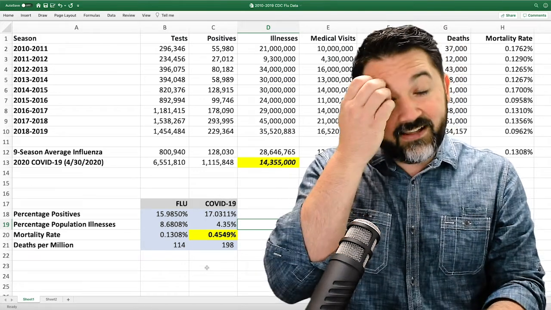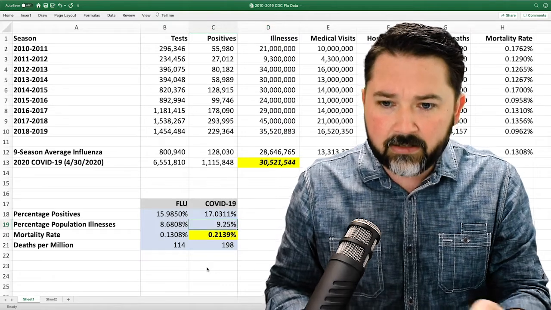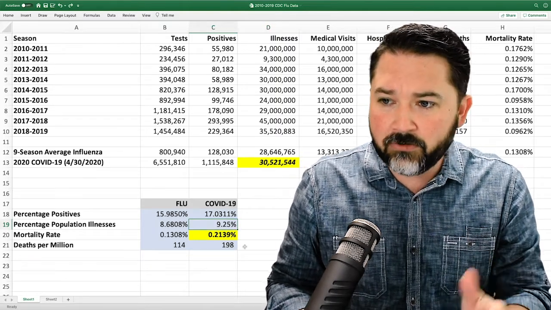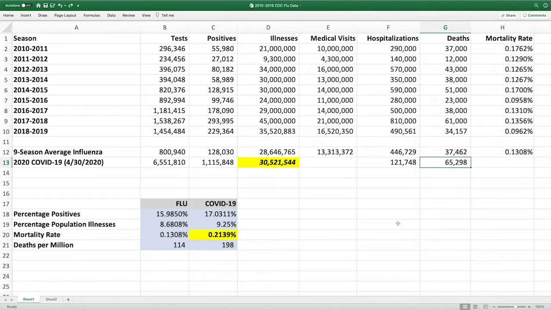Okay, but let's go back to our 9% rate of illness, and let's plug in the CDC number. Let's plug in 37,306 deaths according to death certificates. That takes our mortality rate to 0.12%, virtually exactly the same as the flu. But let's account for social distancing.